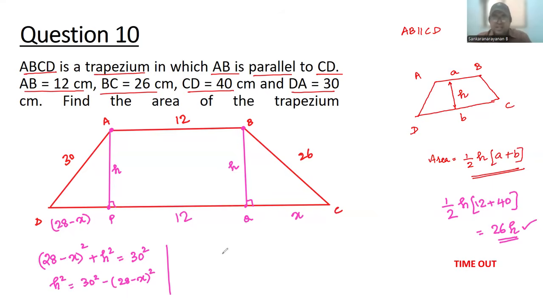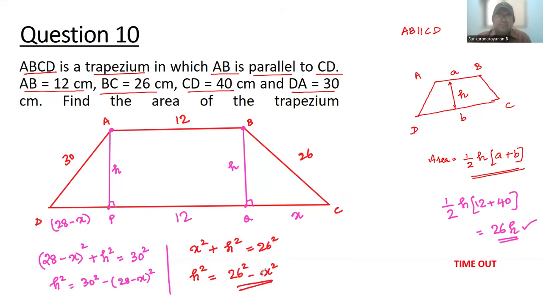Now look at the triangle on the right hand side over there, the right angle triangle. I can see that here X square plus H square is equal to 26 square, Pythagoras theorem. So will that not fetch us H square is equal to 26 square minus X square? Will I not get it that way?